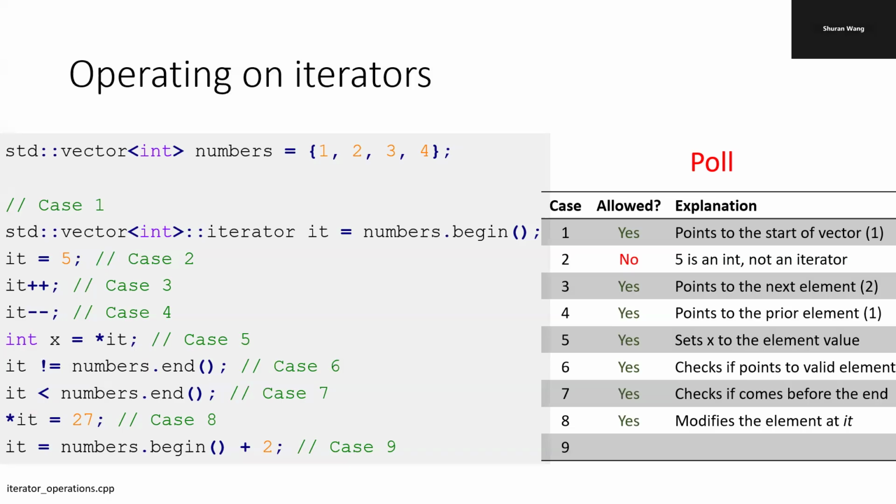They are classes. So something like this, the dereferencing in iterators is implemented as an operator for the class. But for pointers, dereferencing is just part of the concept of a pointer.